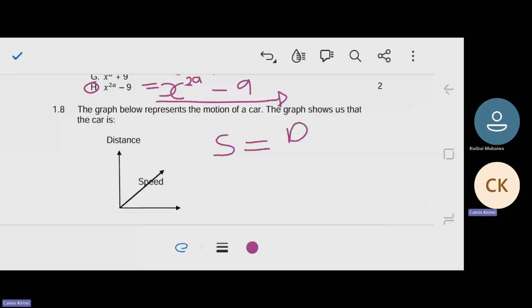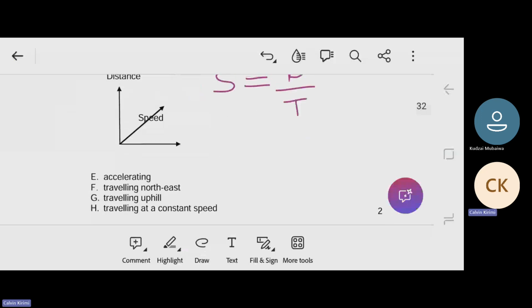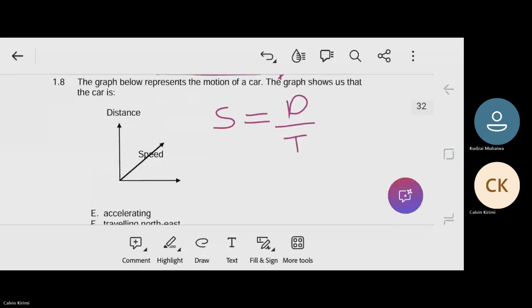So is the car accelerating, or traveling at a constant speed? Can you see that the speed is increasing? Yes, sir. So what is your answer there? Is the car accelerating?